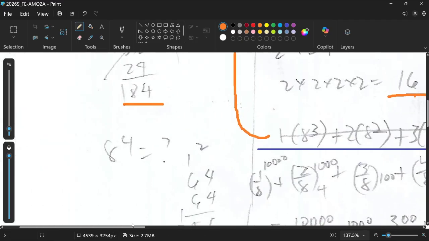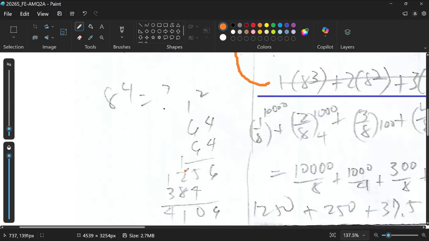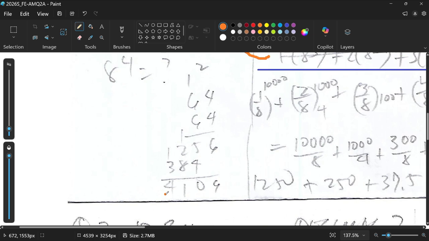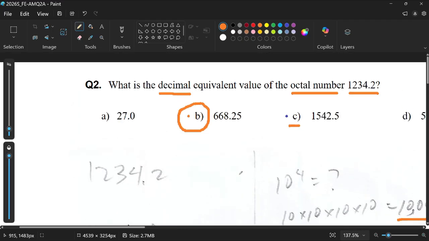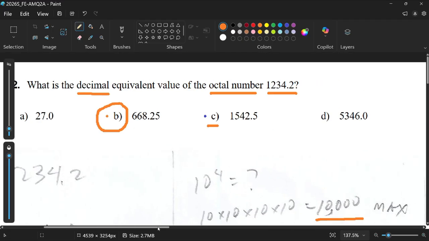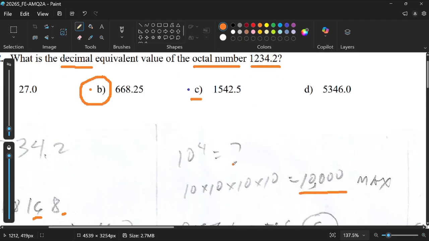Now, if it were 8, 8 times 8 times 8 times 8, we'd get something like 4,106. And if we look at the choices, it appeared to me that as we go down the numbers from 10 to A to 2, the maximum becomes lower as well.